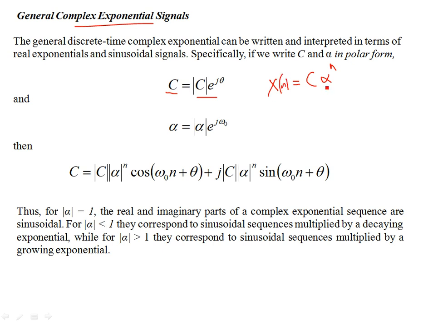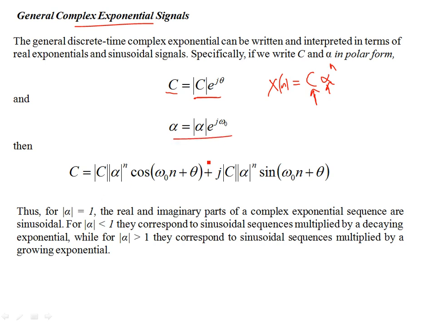For example, c and alpha could be real, and we discussed 4 possible real exponential sequences, where the sequence could be growing, decaying, or the samples could be alternating. Now what if in general c is complex and alpha is complex? Then they have real and imaginary parts. Now we are expressing c in polar form, and alpha is again complex.